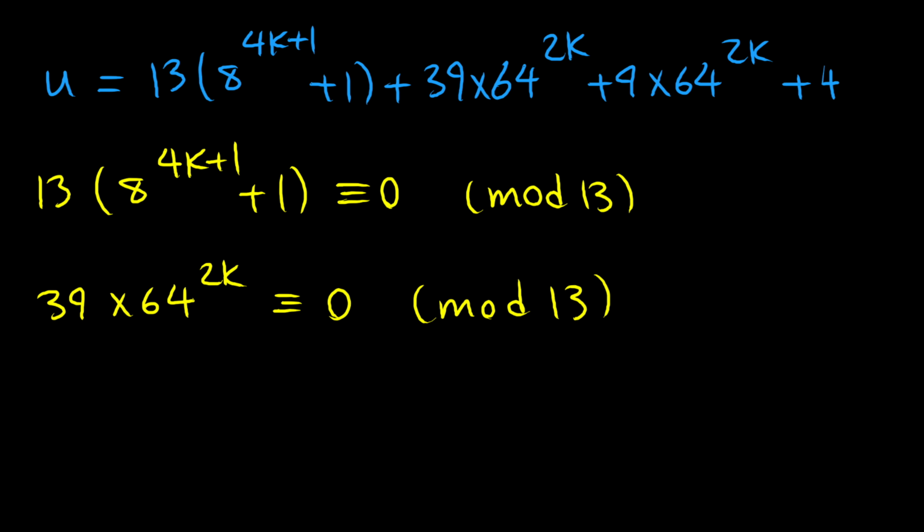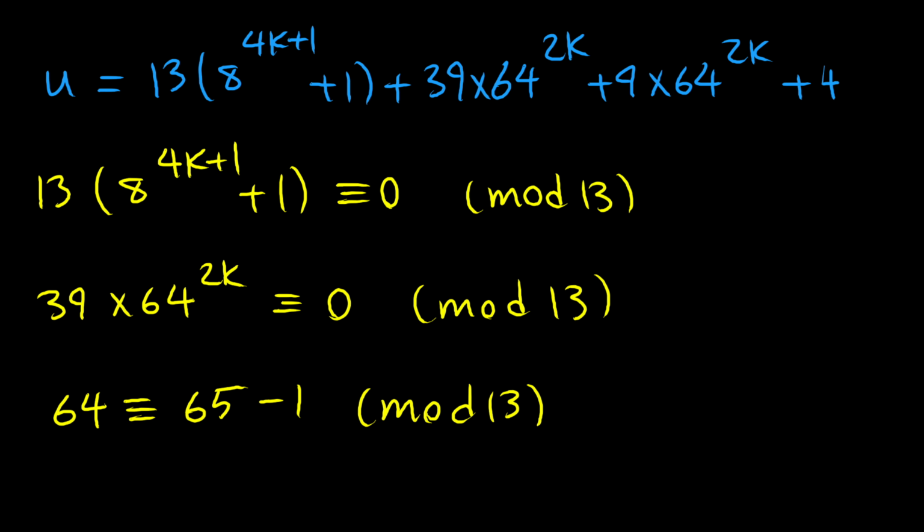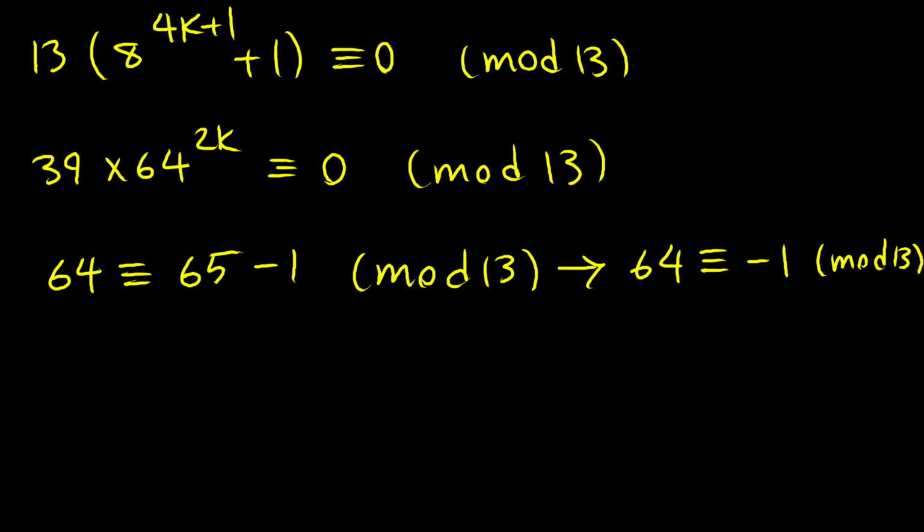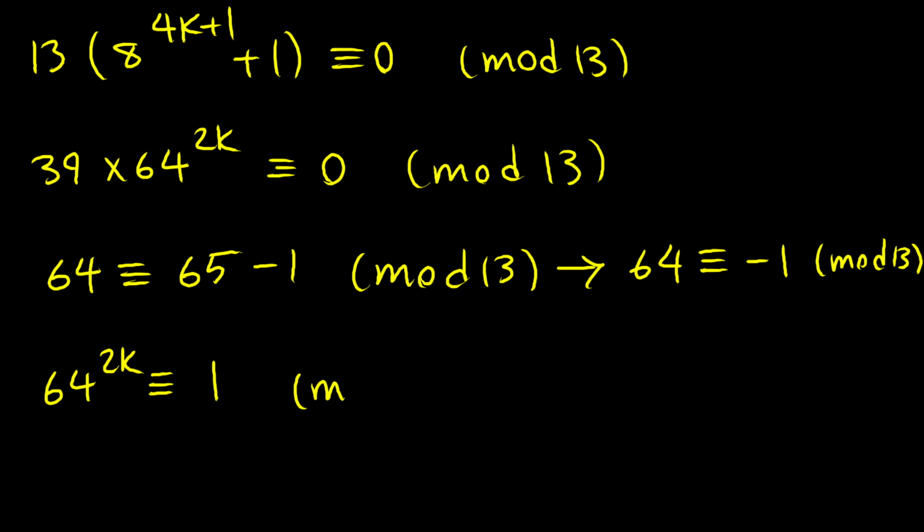We can say that 64 is congruent to 65 minus 1 mod 13. That means that 64 is congruent to negative 1 mod 13 because 65 is a multiple of 13. So I can say that 64 to the power of 2k is congruent to 1 mod 13.